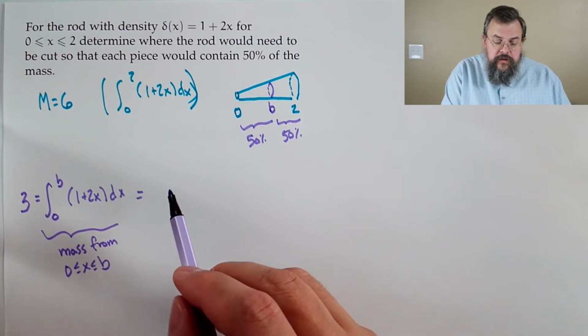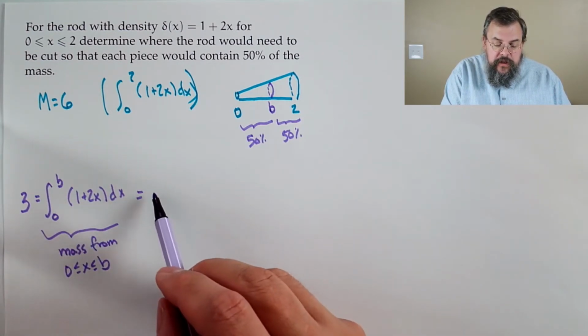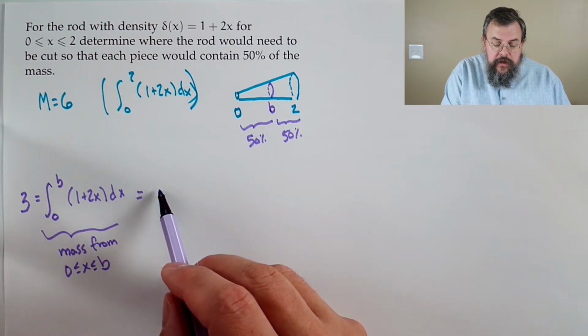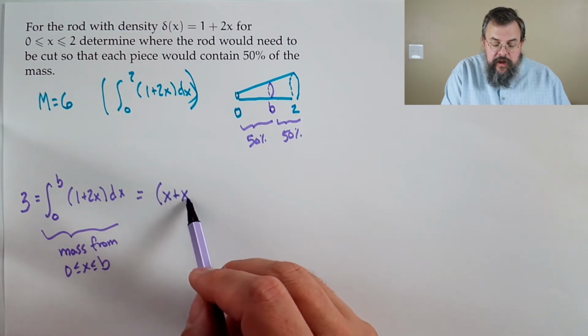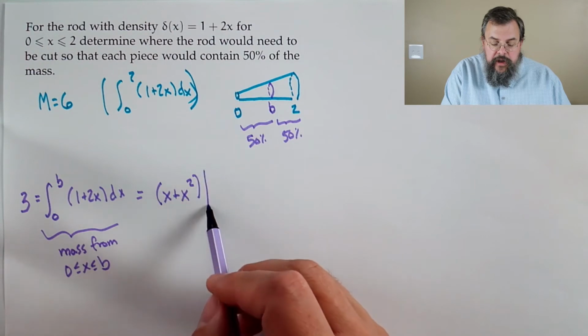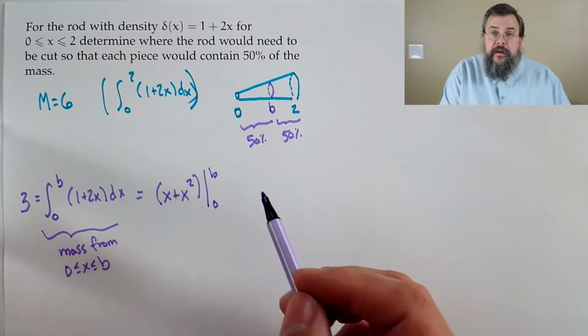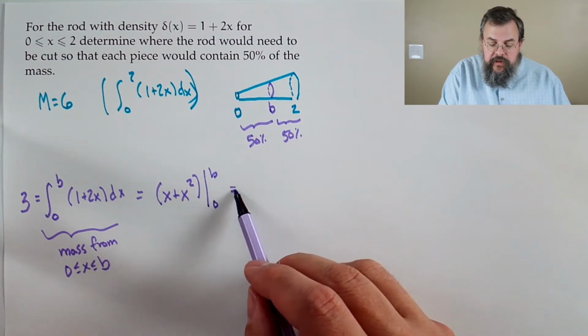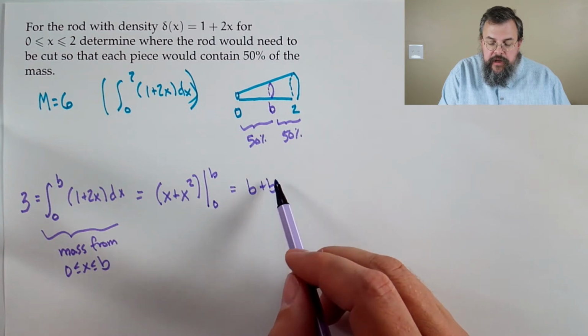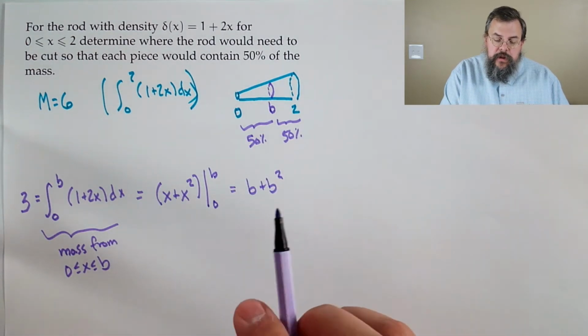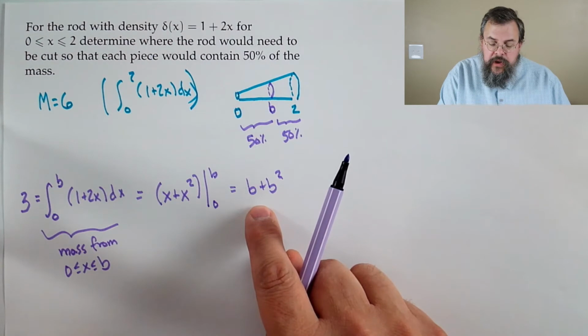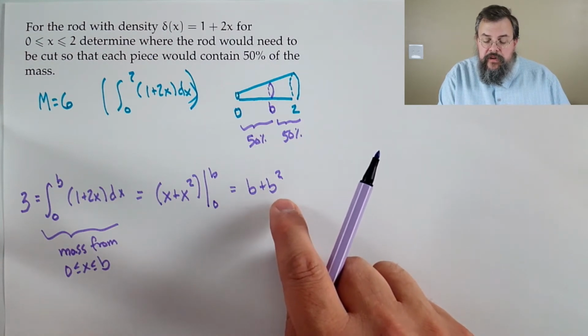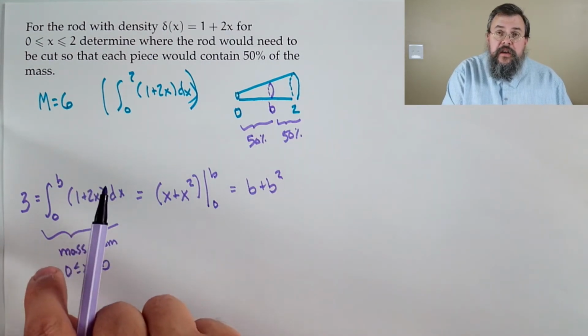All right, so, well, we proceed. Here we integrate. We'll get x plus x squared and evaluate 0 up to b, which is b plus b squared. So we're looking for some number b where when you add the number and the square of the number, you get 3.